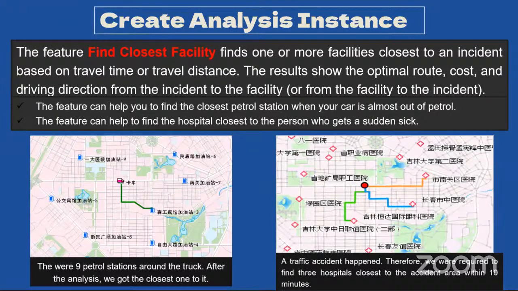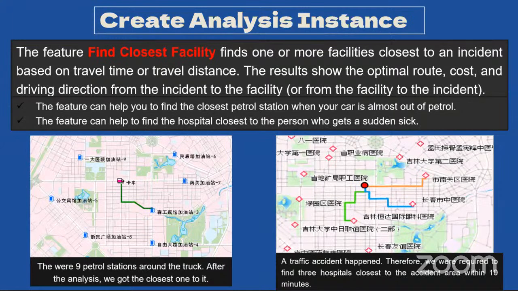So this feature, which is find closest facility, which falls under analysis instance, will help you to find one or more nearest facilities toward a certain area based on the travel time or distance, where it will show you the optimal route, cost, and so on, from one area to another area. This feature can help you especially during an emergency.